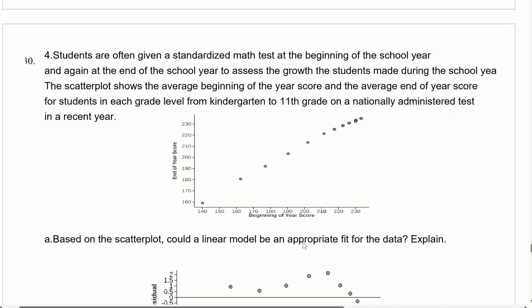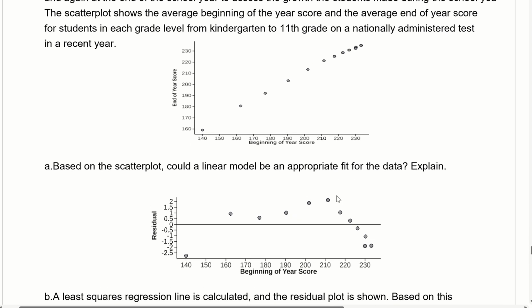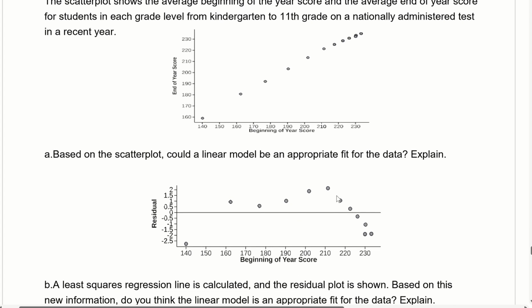Okay. All right, so number 30, it says students are often given a standardized math test at the beginning of the school year. So this is the end of year score versus the beginning of year score. Based on the scatter plot, could a linear model fit the data? Well, it's a little bit tough to tell, but there might be a curved relationship.